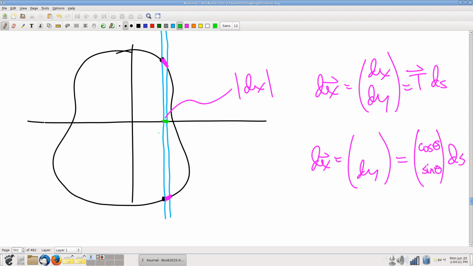By the way, let's start with the top. We'll worry about the bottom point later. On this top point, don't forget we're going to the left, counterclockwise, and that means that dx is actually negative 0.001. That make sense?